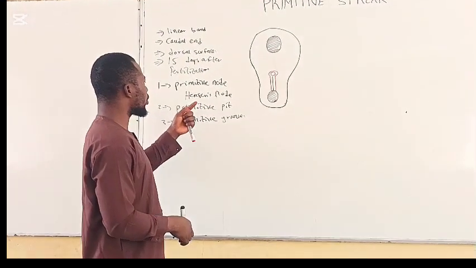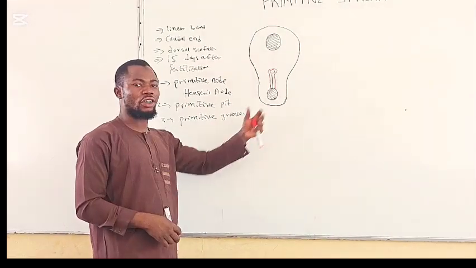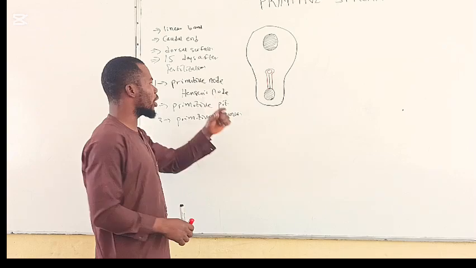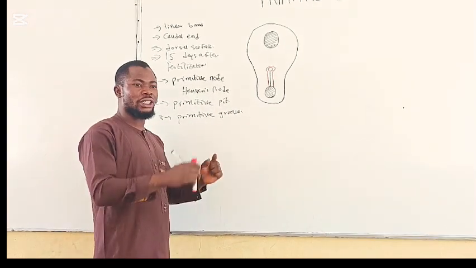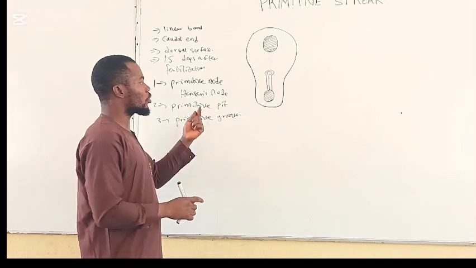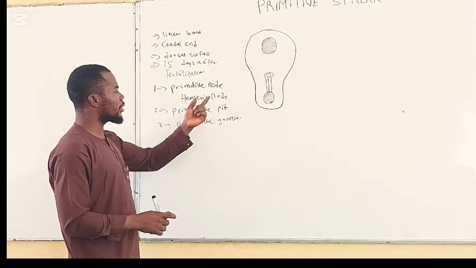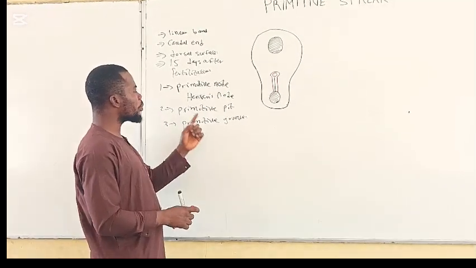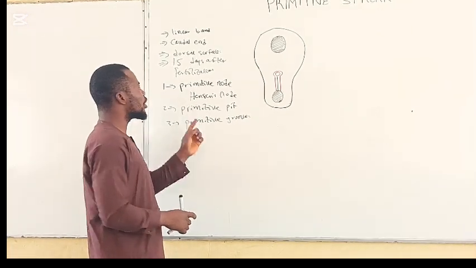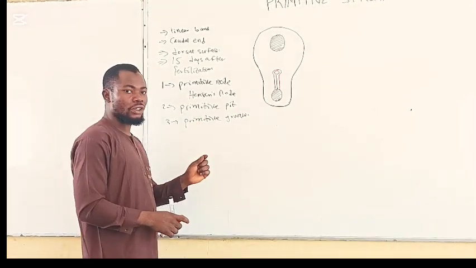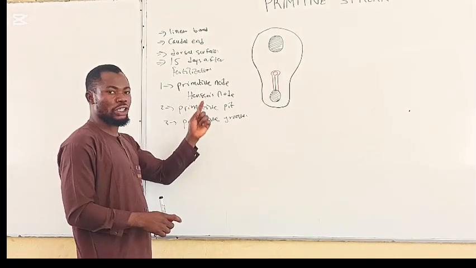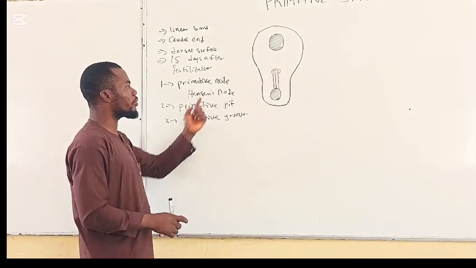The primitive node is the cranial end of the primitive streak, and it also occurs as a result of the thickening of the epiblast cells. It is also called Hensen's node. The primitive pit is just a small depression located on the primitive node.